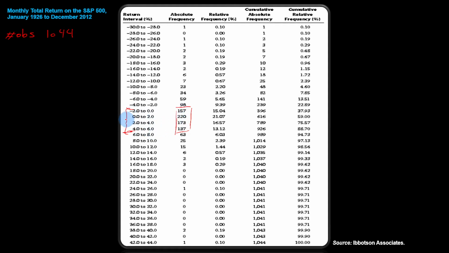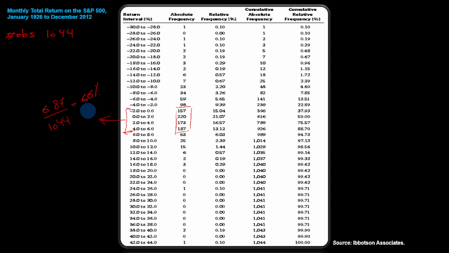We have the vast majority of the returns over here, and once we add up these absolute frequencies, that will be 687. 687 of the absolute frequencies of our returns are only in these four intervals, right? And if we divide this number by the number of total observations, we will get 66%.